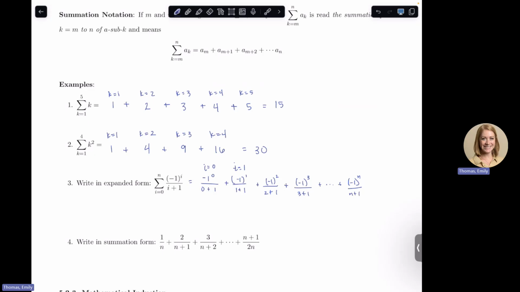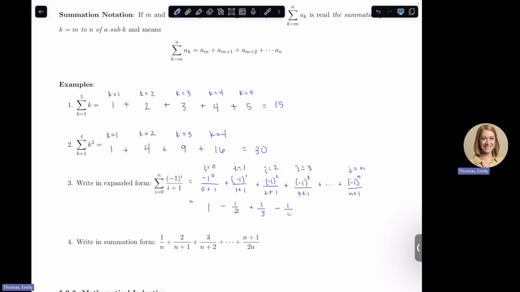So we're going from i equals 0 all the way up to i equals n, and this is what those look like. I'm going to simplify those terms so we can see what they are. -1 to the 0, that's 1. So that first term is just a 1. The second one, we're looking at -1/2. The third one is a +1/3.